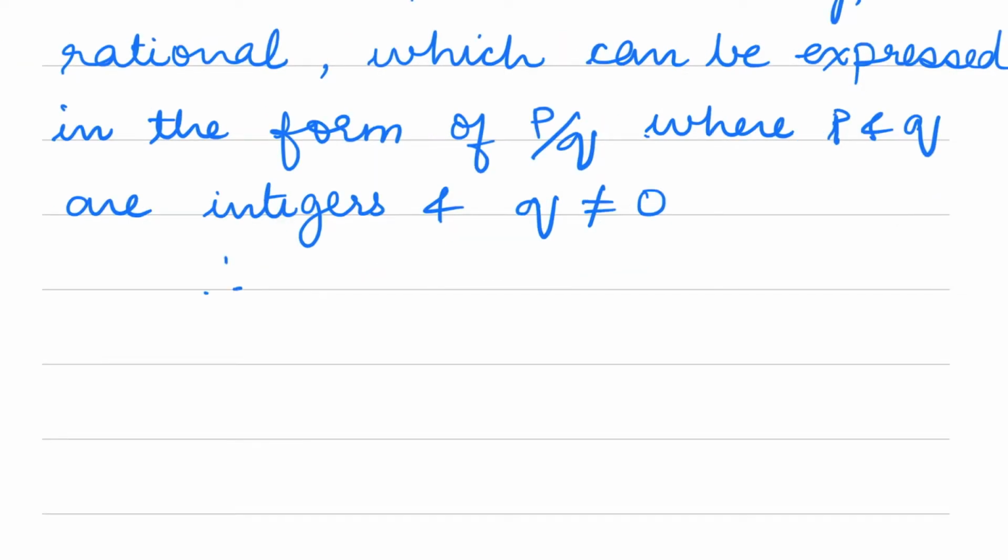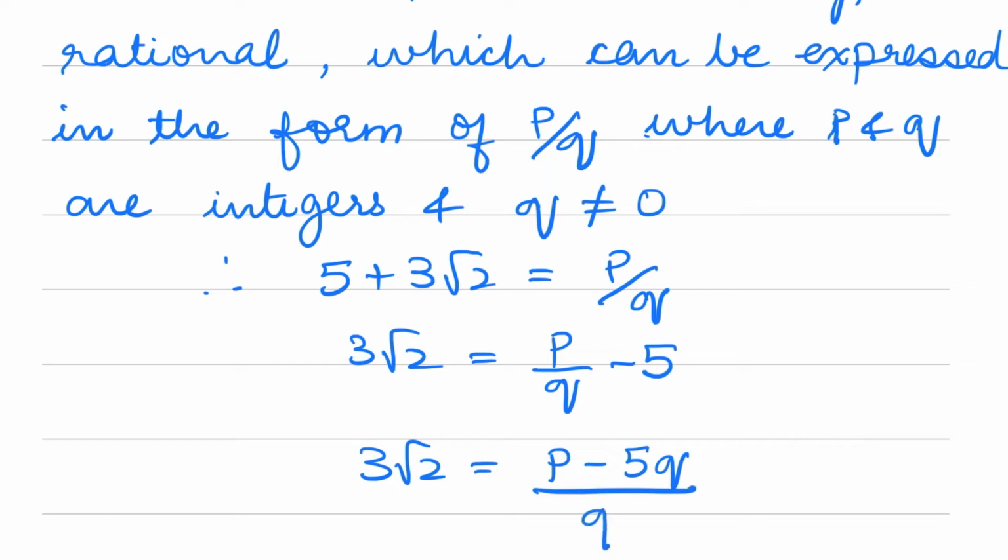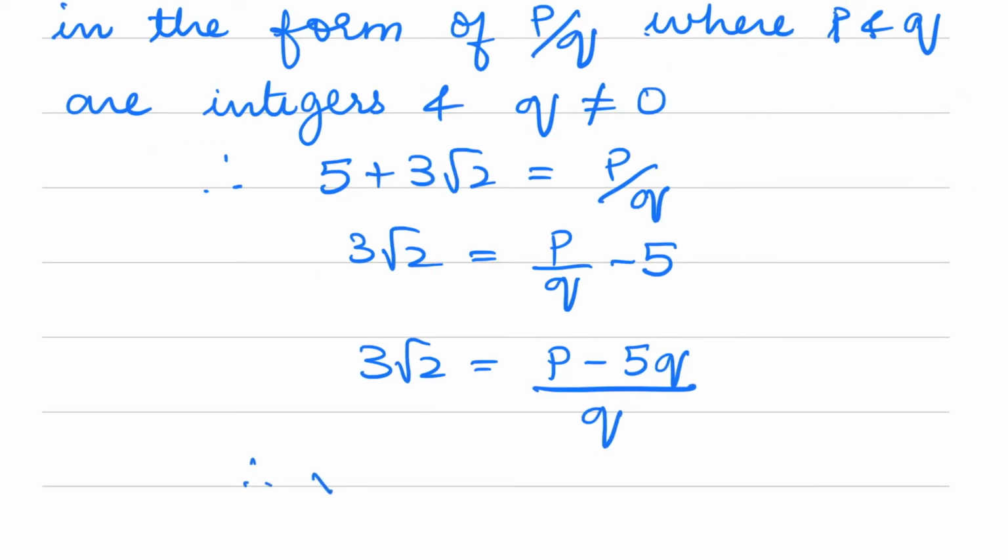Therefore, I can write down 5 plus 3 root 2 is equal to P by Q. 3 root 2 is equal to P by Q minus 5. 3 root 2 is equal to P minus 5Q divided by Q. Therefore, root 2 is equal to P minus 5Q by 3Q.